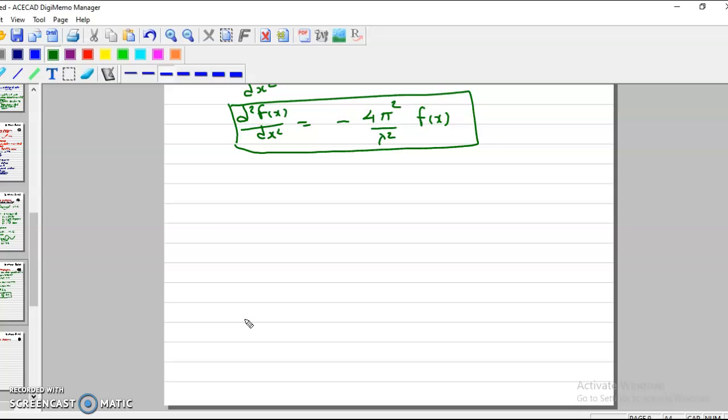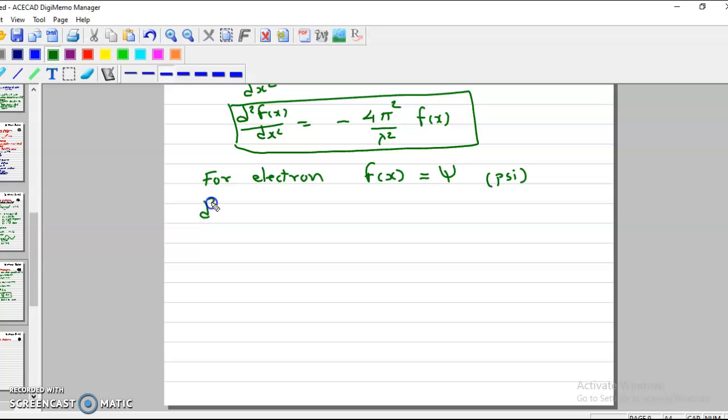Now we know that the electron also has wavy nature, so we apply this equation to the electron, and as the electron is a specific particle, Schrodinger used a new function. Instead of f(x), he used the Greek letter psi. It is basically the wave function.